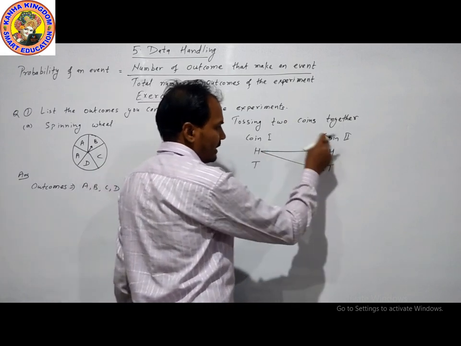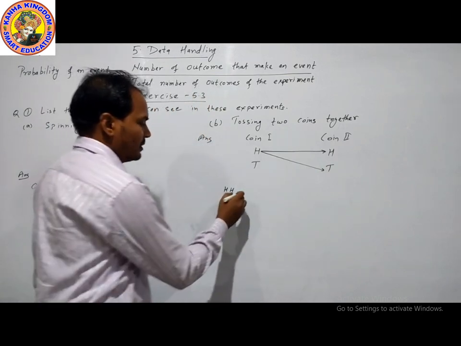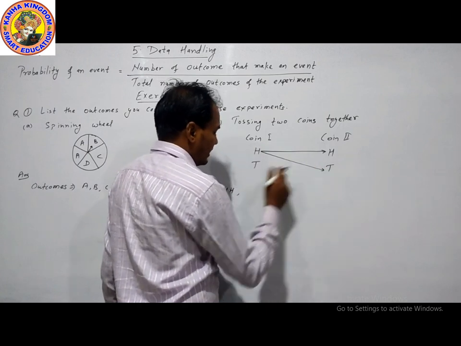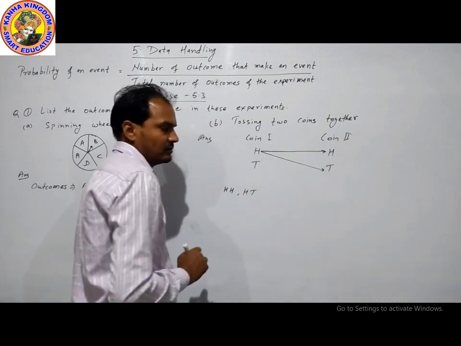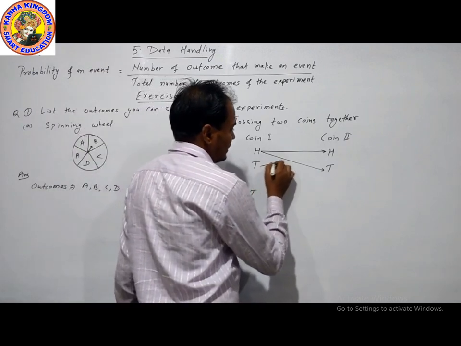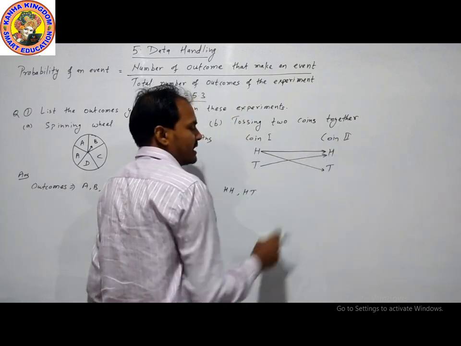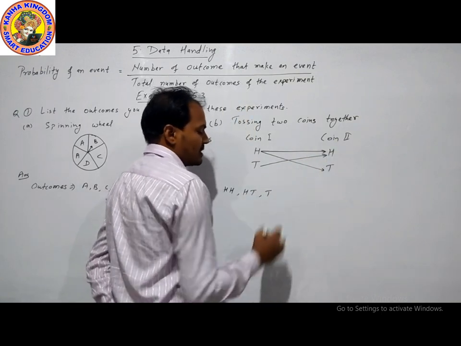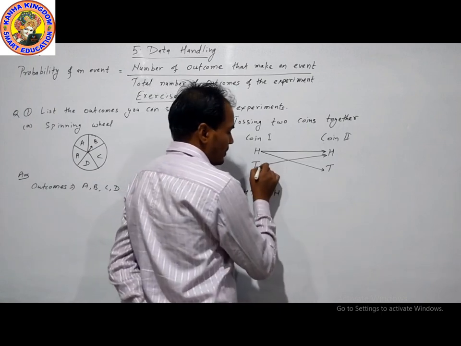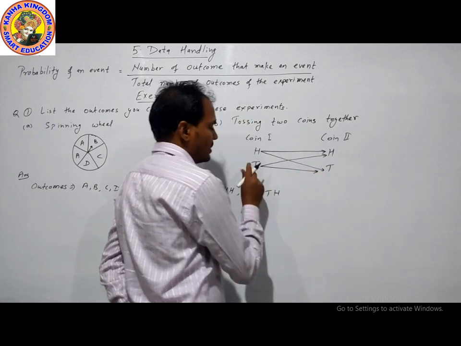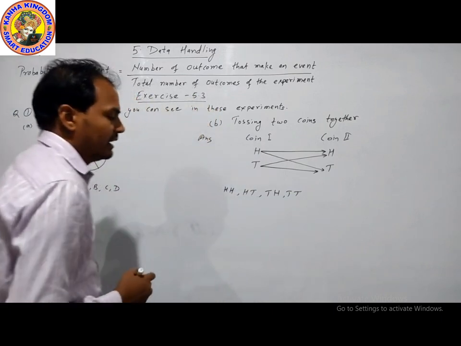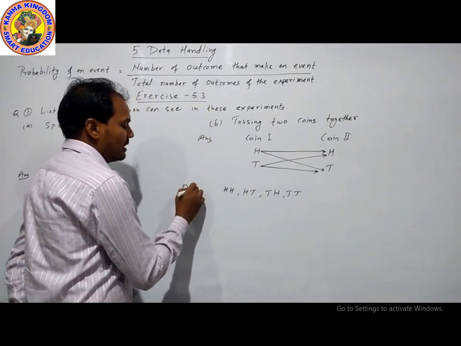First coin head, second coin head. Now the second outcome, first coin head, second coin tail. Next, first coin tail, then tossing the second coin, head comes. Then first coin tail, second coin tail. These are our outcomes.